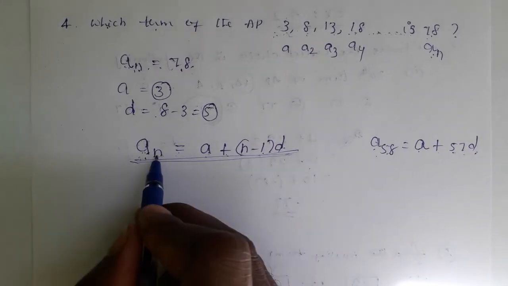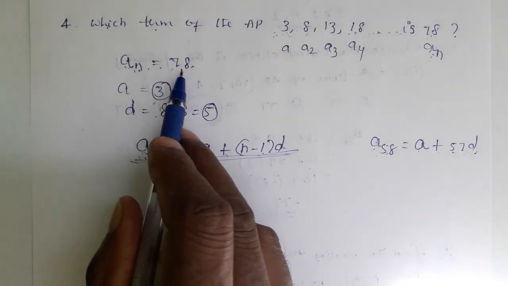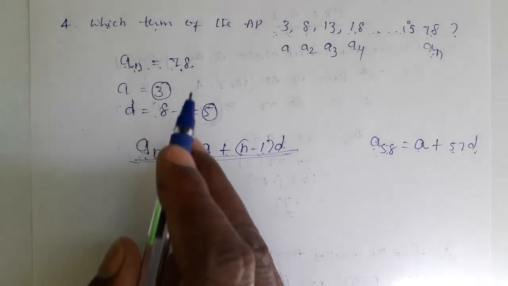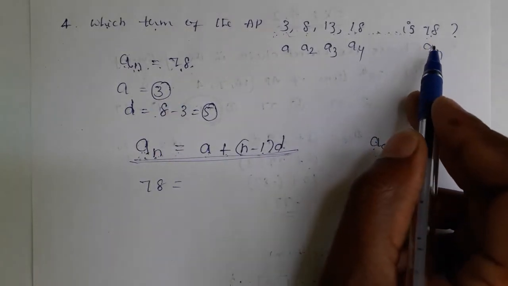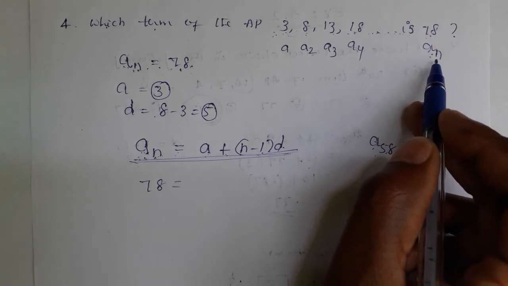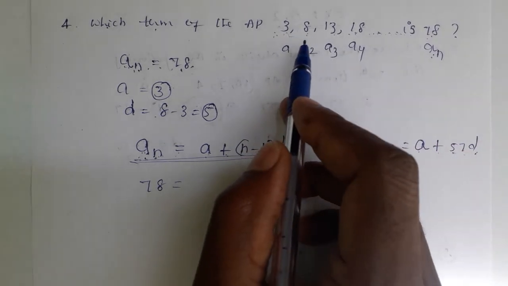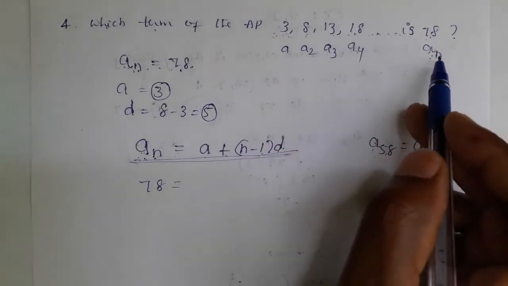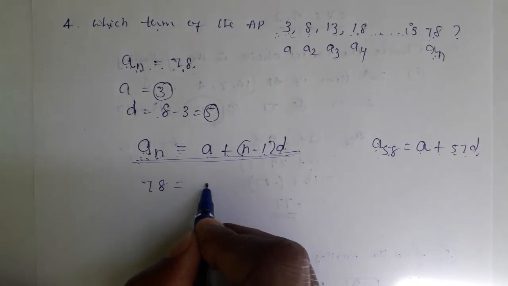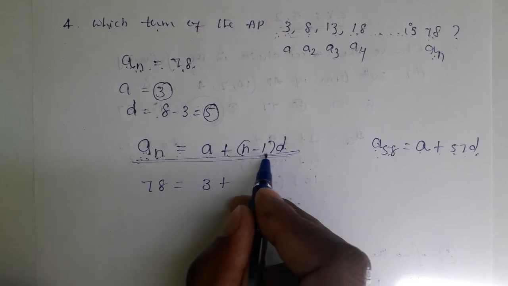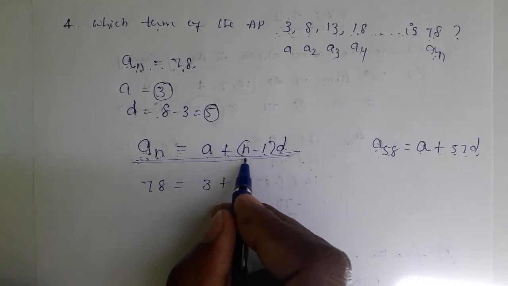Now let us fill this formula with the given values. AN, how much is given? 78. Write it here. AN means the last sitting person. Usually the last sitting person's position will be unknown. First, second, third, fourth sitting we can easily read, but the last sitting position is unknown. So AN is 78. A is 3, plus N minus 1. How many are there? N means unknown here.